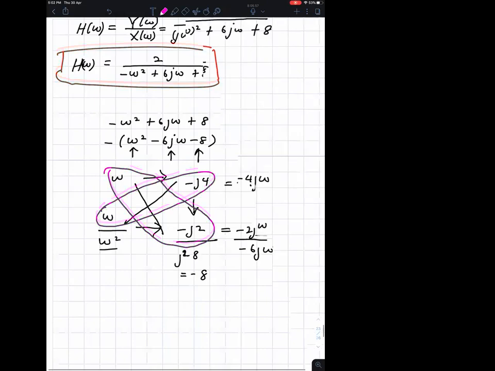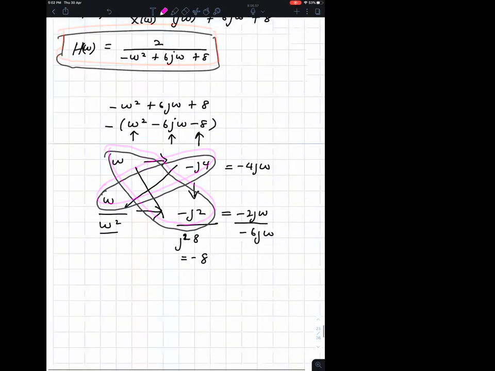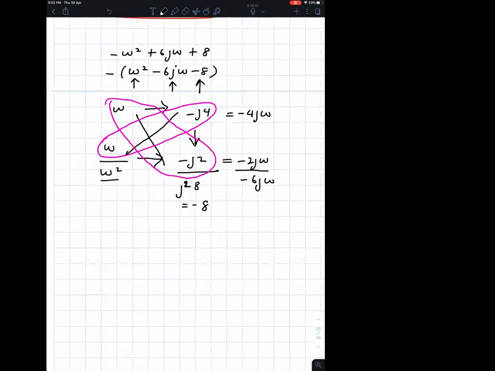So now we can rewrite these things. The factors, you found, j2, okay, the minus sign still remains there. It's 2 here.